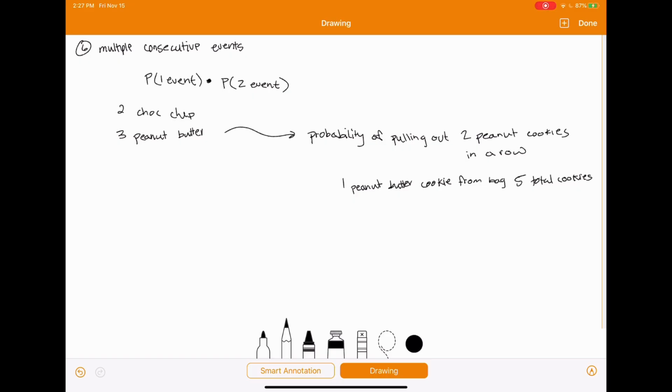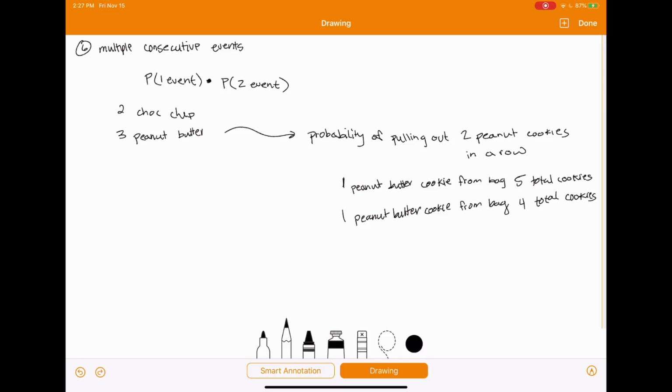And then the second event would be to pull out another 1 peanut butter from a bag, but now since we've already taken 1 out, we only have 4 total cookies left in there now.